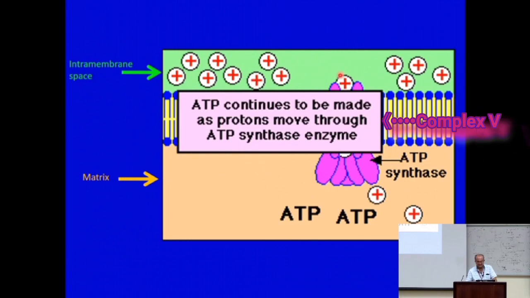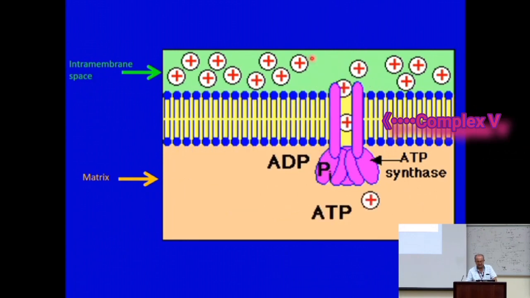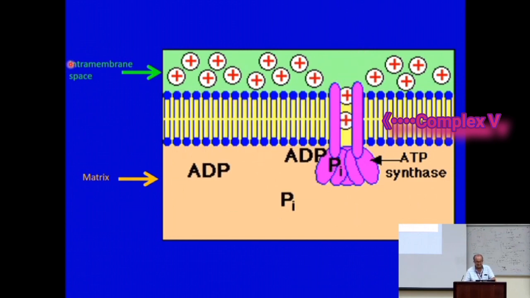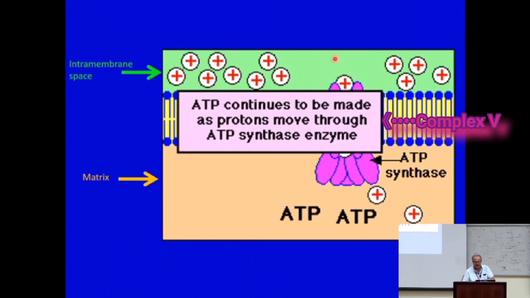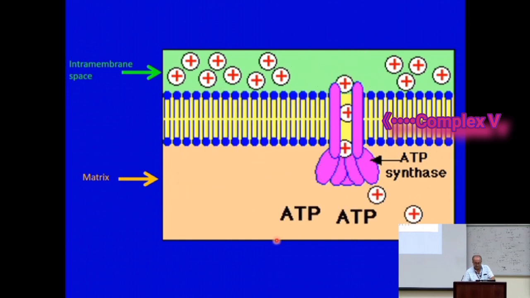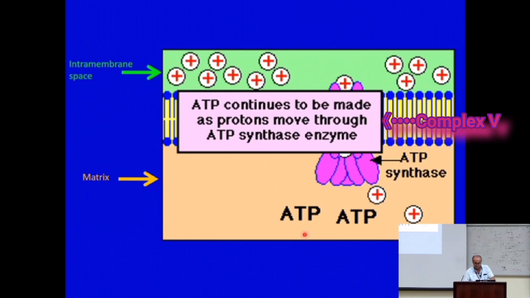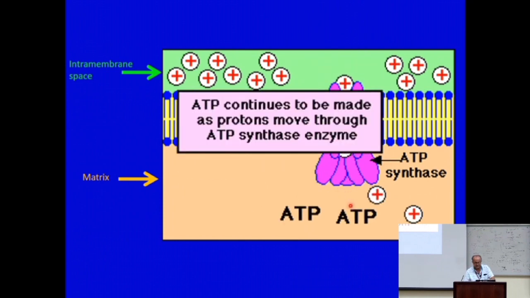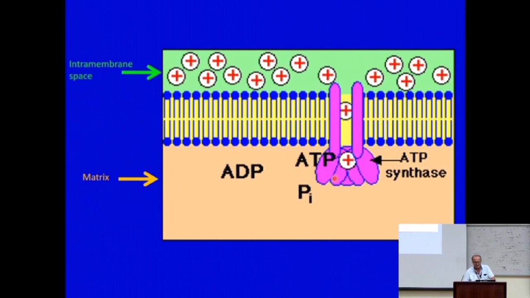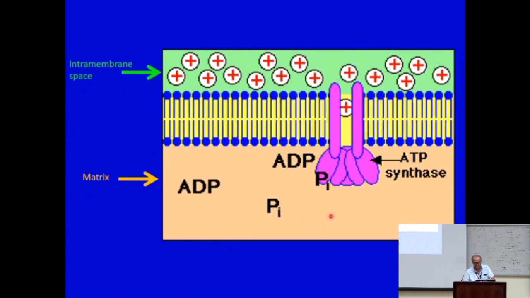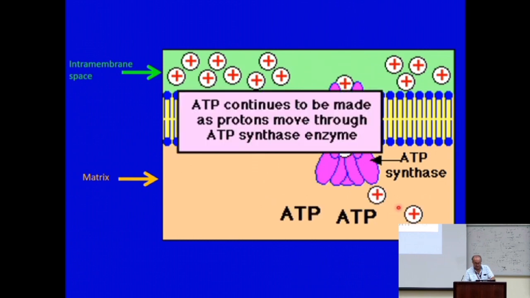It will act as a proton gate, allowing the protons that have accumulated in the intermembrane space into the matrix. By doing so, it will generate enough energy to allow the synthesis of ATP from ADP and inorganic phosphate.